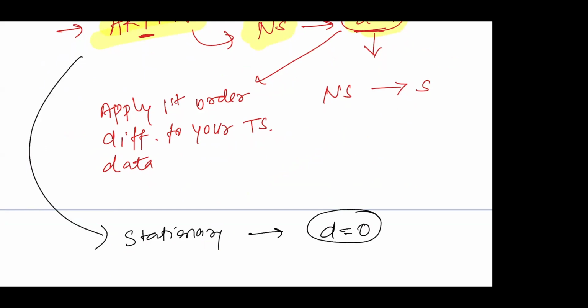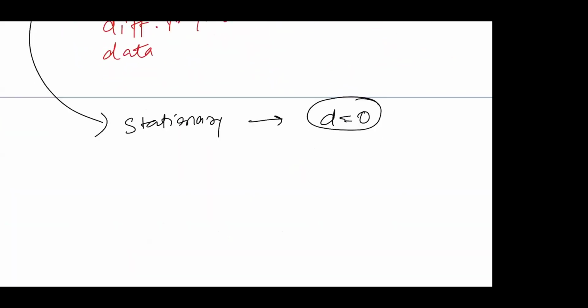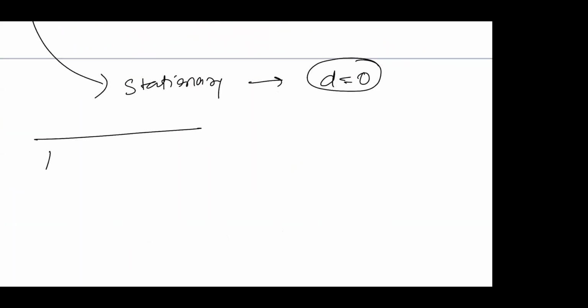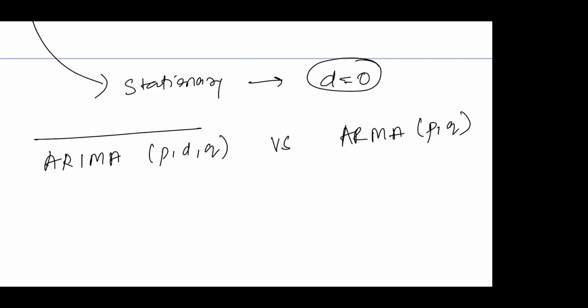So this is what we say as the ARIMA model, right? So now the difference between ARIMA(P, D, Q) versus ARMA(P, Q) is what? It's only the differencing term, right? It's only this term, right? That we have the flexibility of converting a non-stationary data into stationary, while in the ARMA model you always have to give a stationary data.